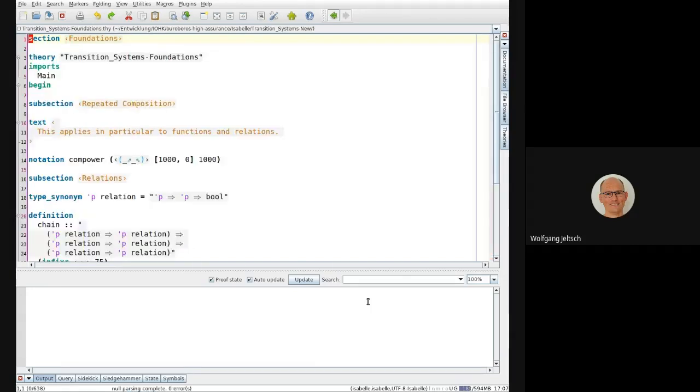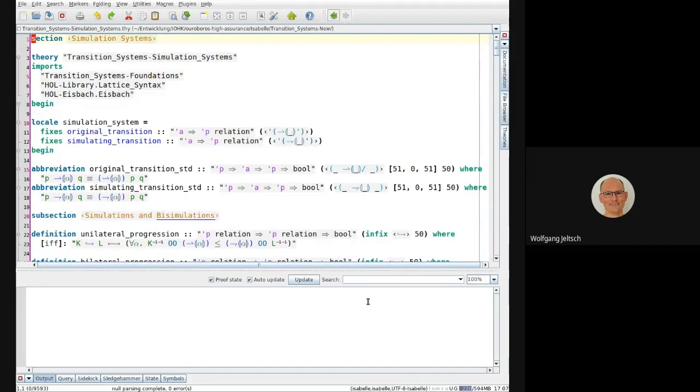We have seen this here, and this is about simulation systems. And what was a simulation system? This is a term invented by me. I don't know if there's some general term or some standard term in the literature.